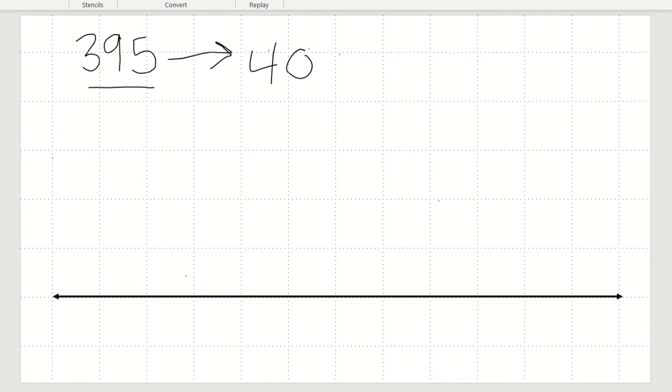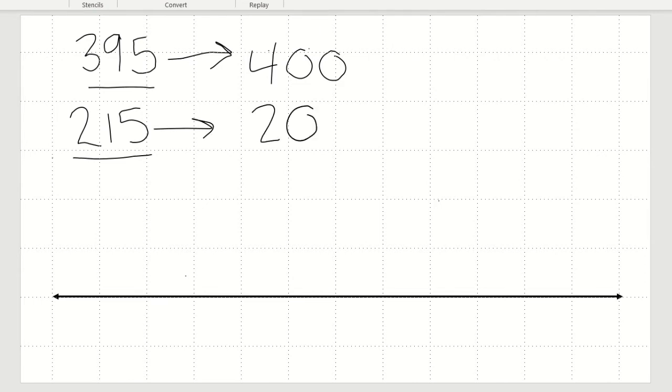So I'm going to round that and change it to 400 because it's more compatible. It's easier to work with. Okay? And then what if I had the number 215? Well, 215, I know, is not very close to being 300 yet. So I'm going to say that's closer to 200. So now I've found their compatible numbers.